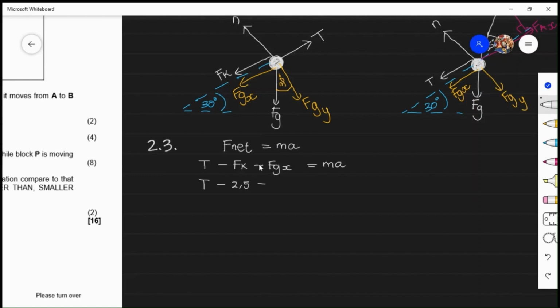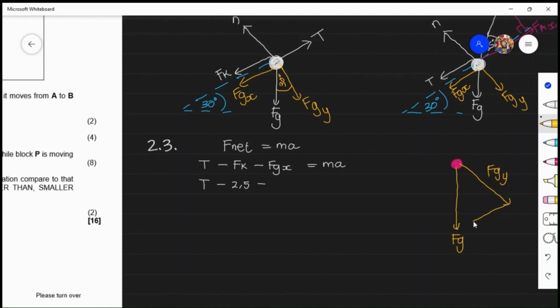Now, before we actually get to our mass, which is on the right hand side of our equation, we need to break up Fgx. So let's try and do that on the side. So if this is now our object, and we have Fg moving down, we have Fgy that is in the same plane as normal force.